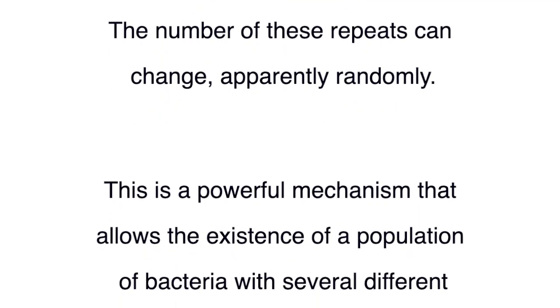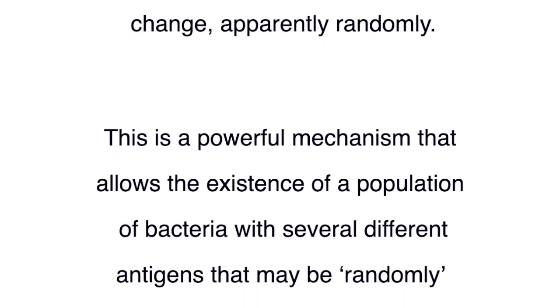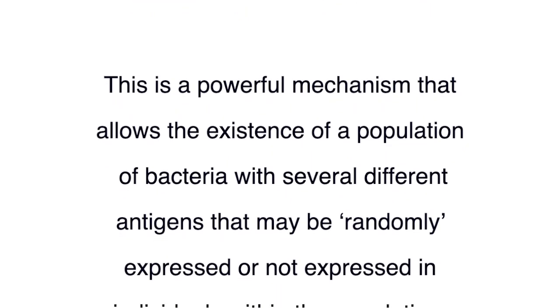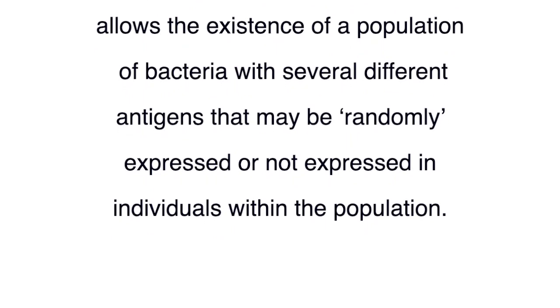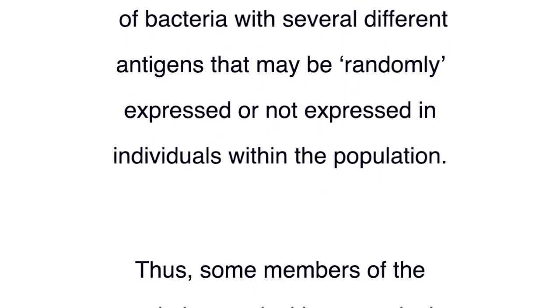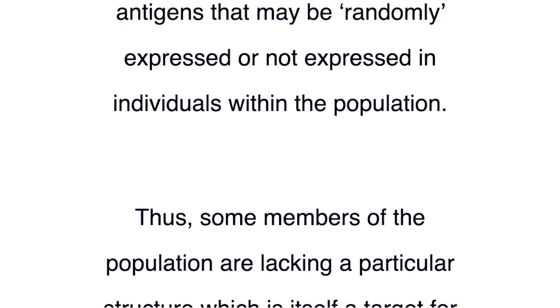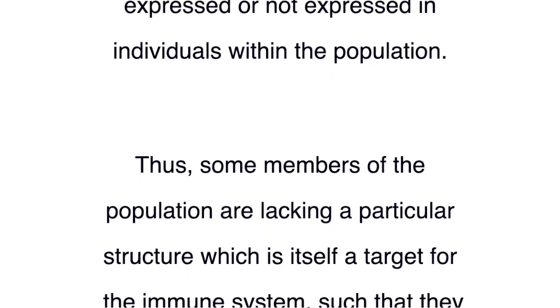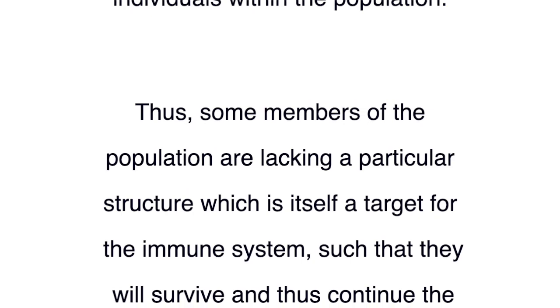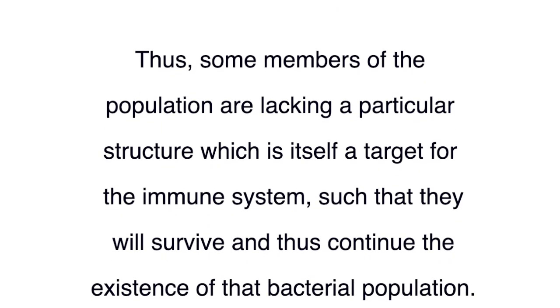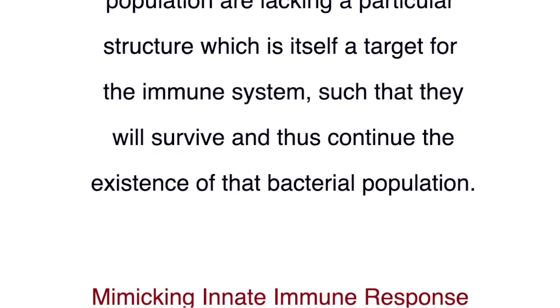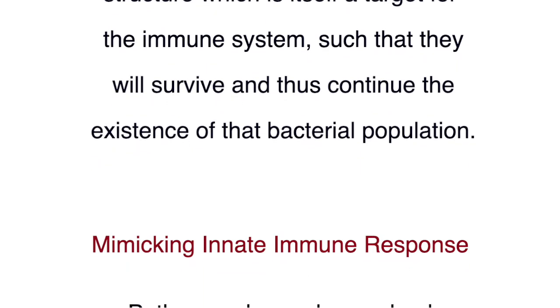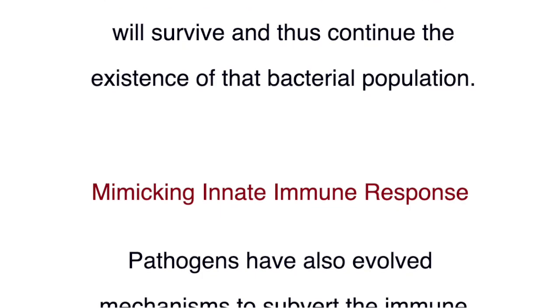This is a powerful mechanism that allows the existence of a population of bacteria with several different antigens that may be randomly expressed or not expressed in individuals within the population. Thus, some members of the population are lacking a particular structure which is itself a target for the immune system, such that they will survive and thus continue the existence of that bacterial population.